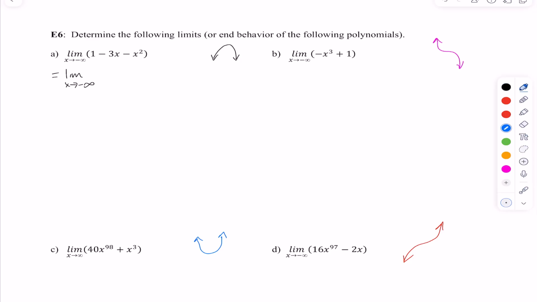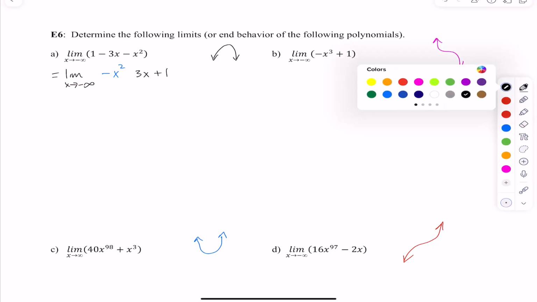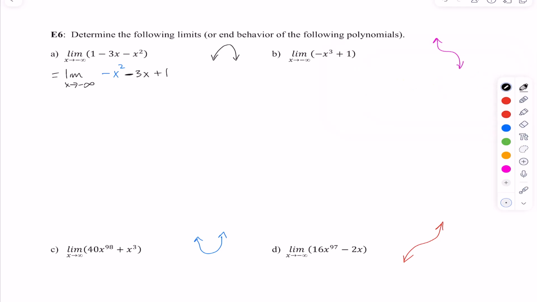I want you to concentrate on this opposite of x squared. Everything else actually has very little meaning, simply because it's not going to take on too great of a value if x is approaching very large in the negative direction.